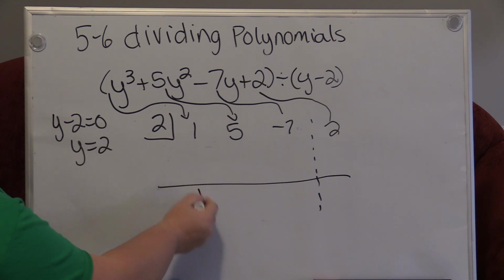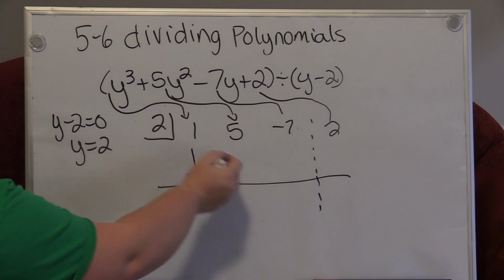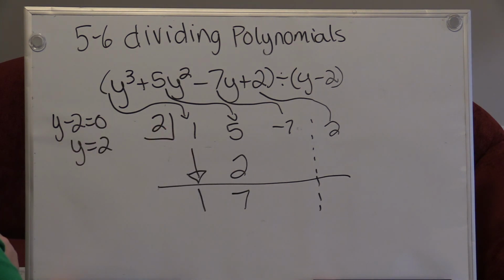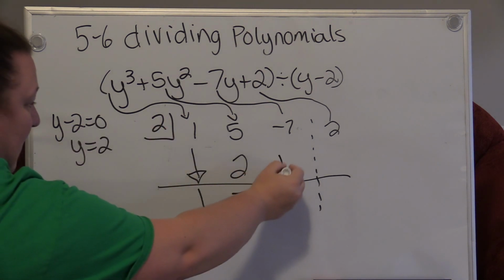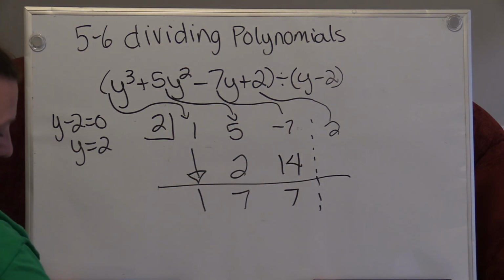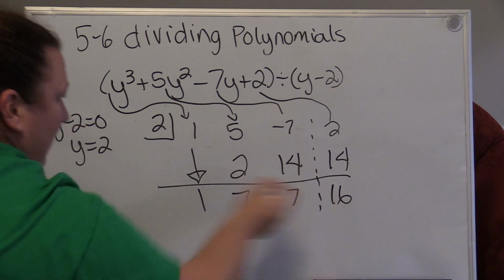We drop down the 1. 1 times 2 is 2. We add these together. 5 plus 2 is 7. Then we multiply. 7 times 2 is 14. We add them together and get 7. And then we multiply. 2 times 7 is 14. Then we add.